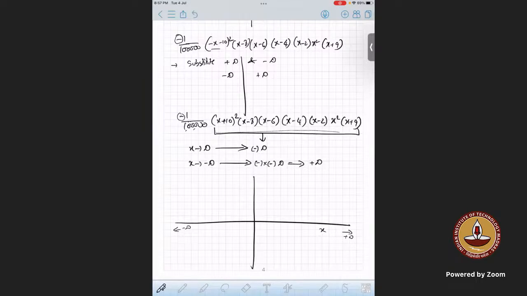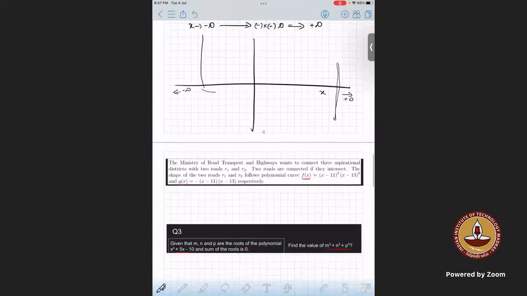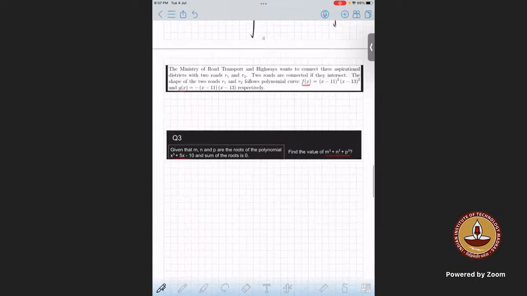You can draw the end like this. It goes down, and as it tends to minus infinity, it goes to infinity. It goes up. Agree? And now we need to analyze the roots.